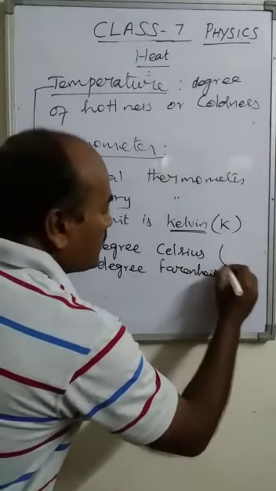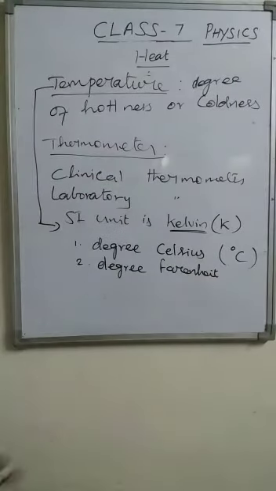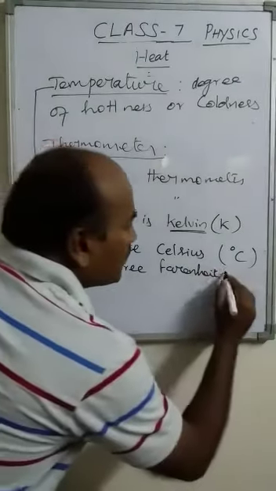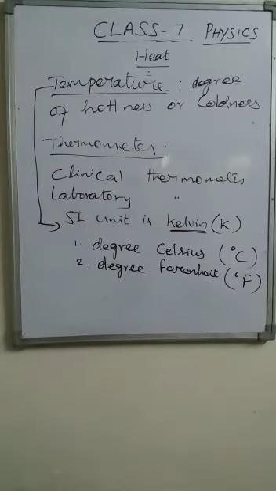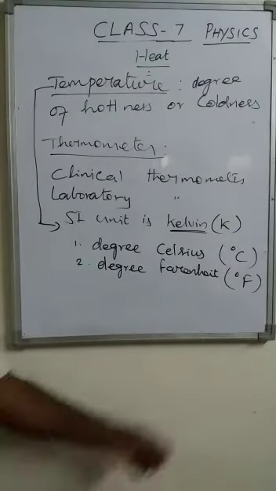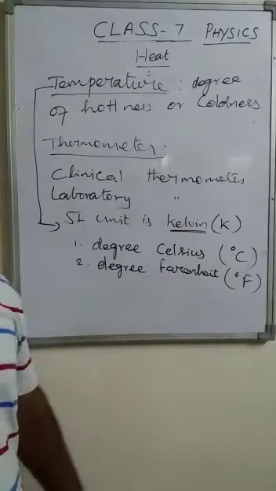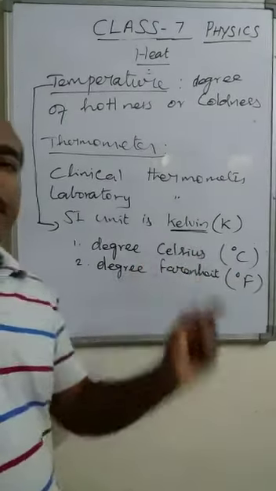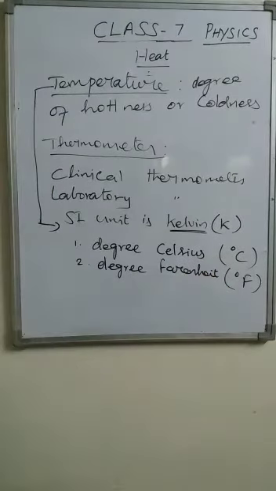Degree Celsius is written like this, degree capital letter C. Then degree Fahrenheit is degree capital letter F. These two units are used mostly to measure the temperature of any object or temperature of human body.